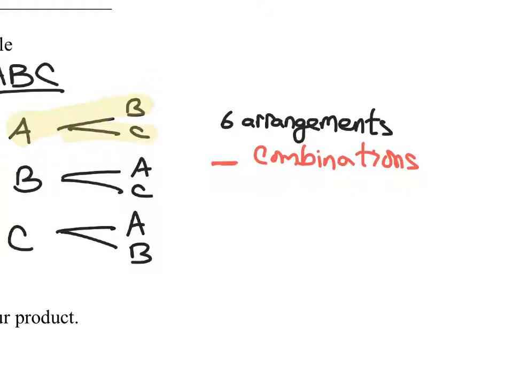B and A is not unique because I already have A and B. B and C is unique. CA is the same as AC, all right? And then CB is the same as BC, all right? I'm going to put my pen back on. So we get 3 combinations.